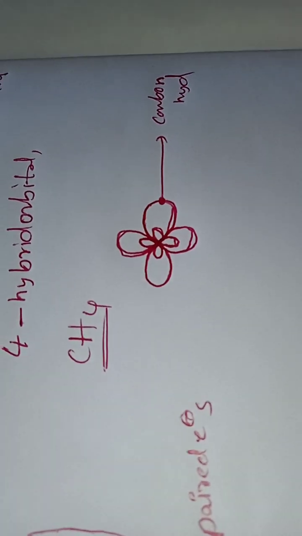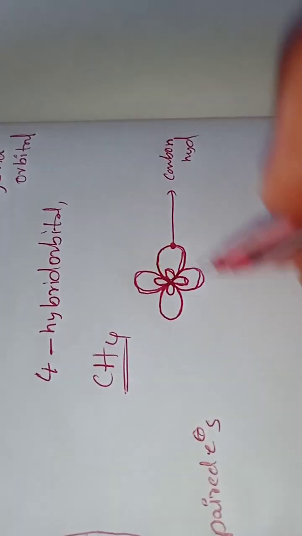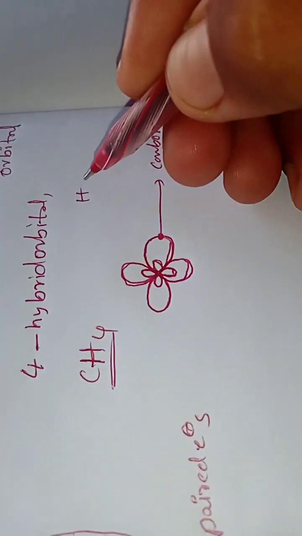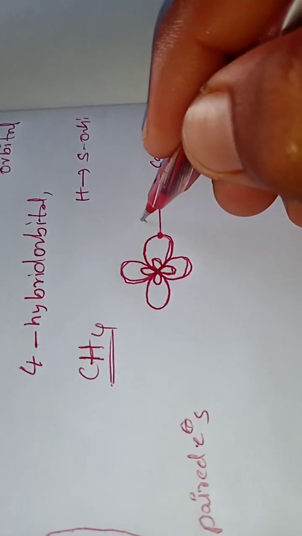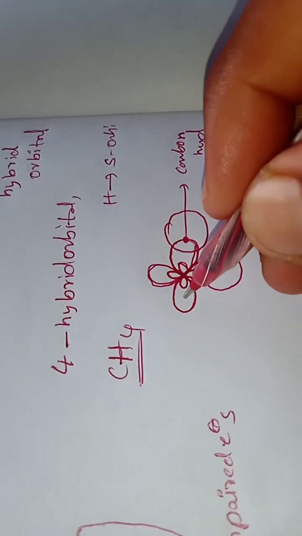These are the four hybrid orbitals of the carbon: 1, 2, 3, 4. Now the hydrogen has an s orbital, which is spherical in shape, a circle.